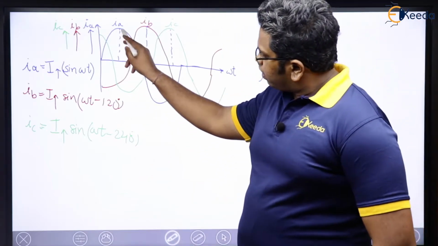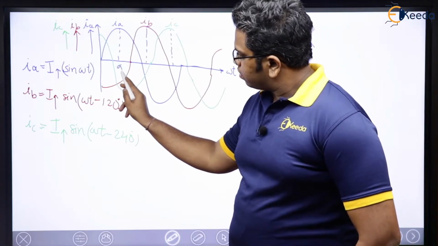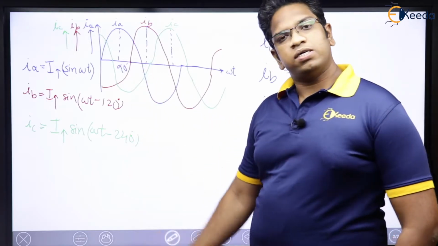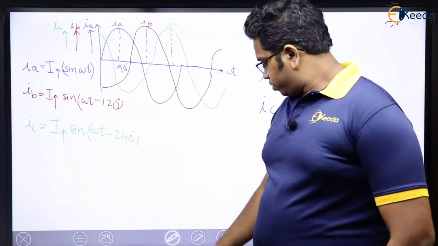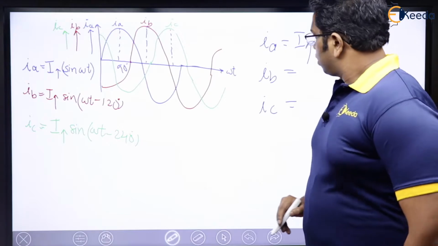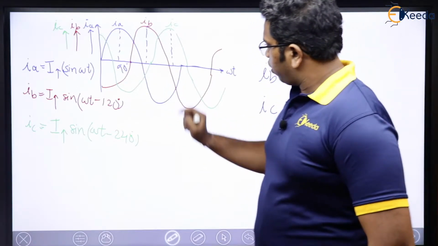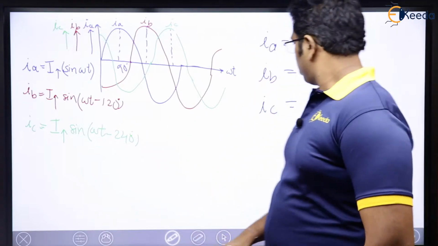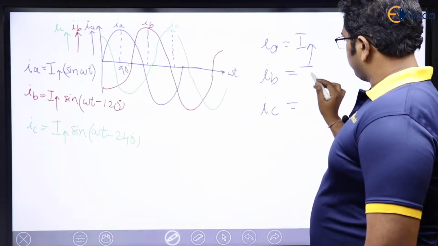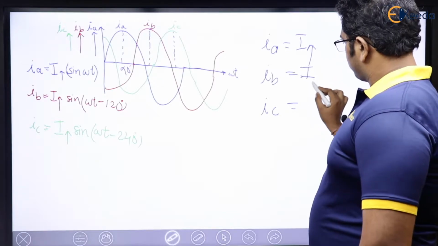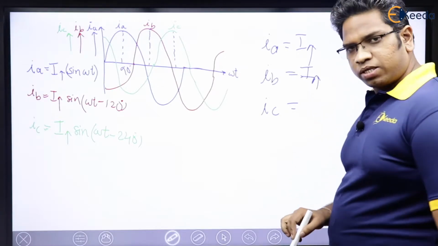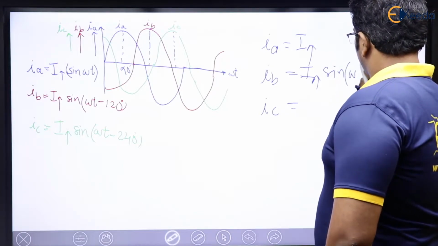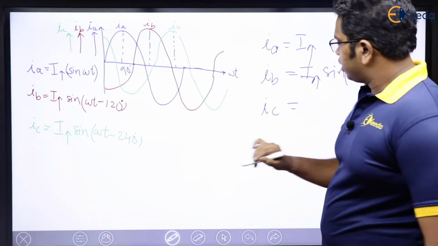We know that IA will be maximum at 90 degrees. Am I right? IA will be maximum at 90 degrees. So let me just simply replace, because this 90 degrees is nothing but omega t. So IB will be what? I maximum into sine of omega t minus 120 degrees.